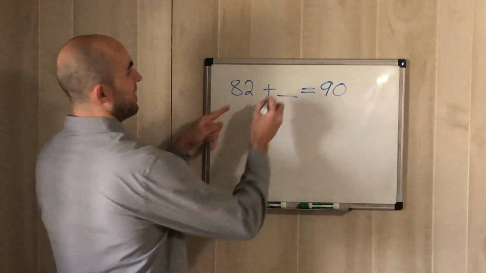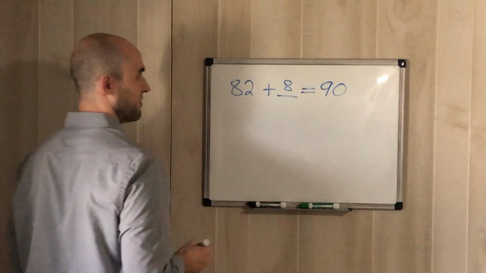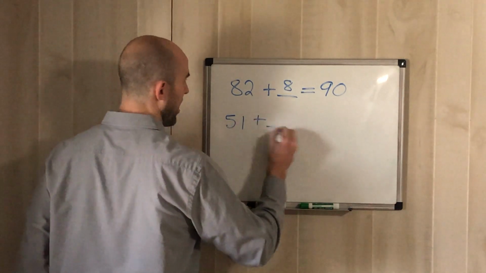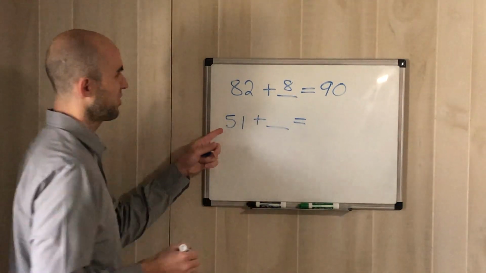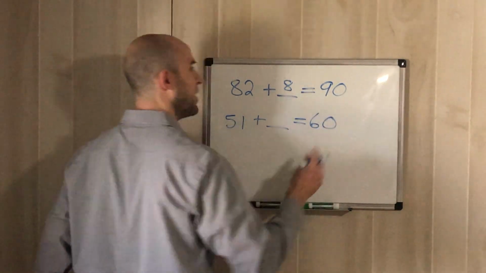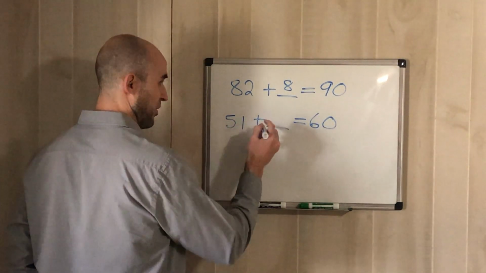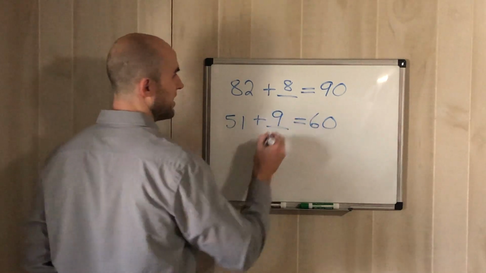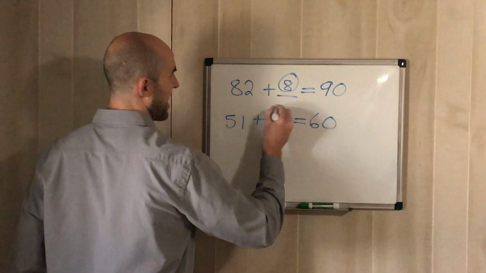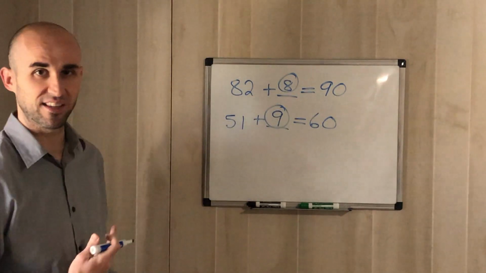So 82 plus 8 would give us 90. If we had, let's say, 51 plus what, after the 50s comes 60, because it's always the next tenths number, right? And we know that 51 plus 9 would give us 60. This 8 here, this 9 here, those would be our check digits, guys.